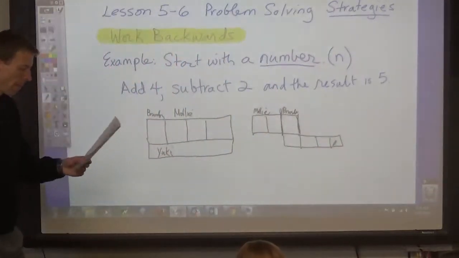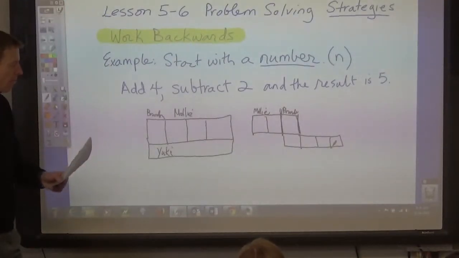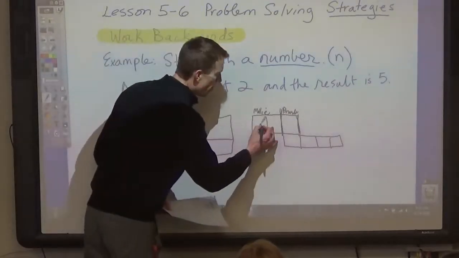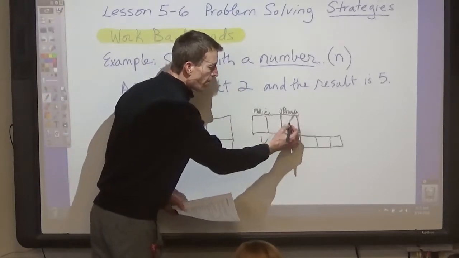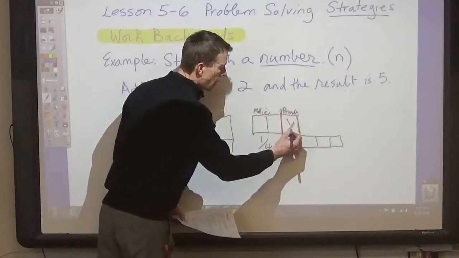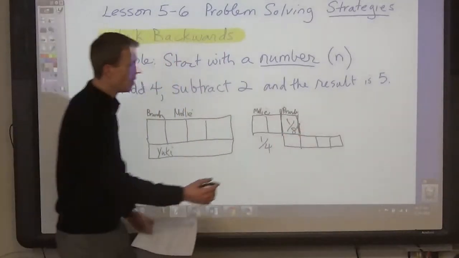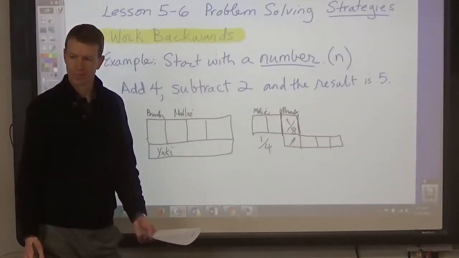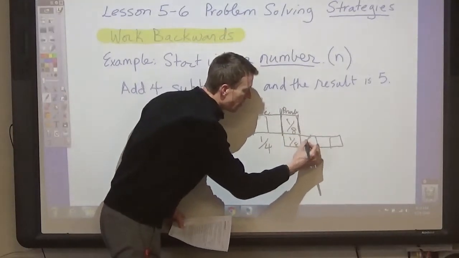Okay. And it says Molly ate 1/4 of the pie. So if this is 1/4, then half of that is 1/8. And so how many eighths is this? That's 4/8. So each of these is 1/8.